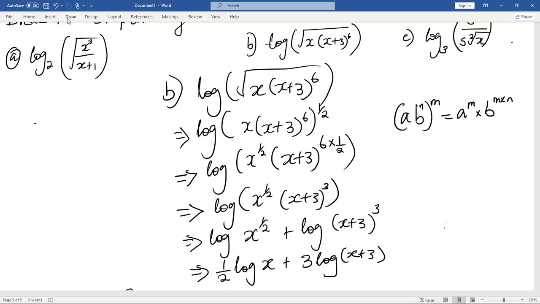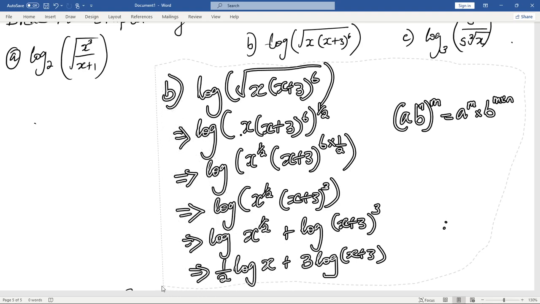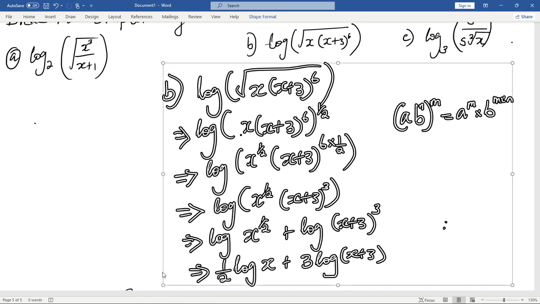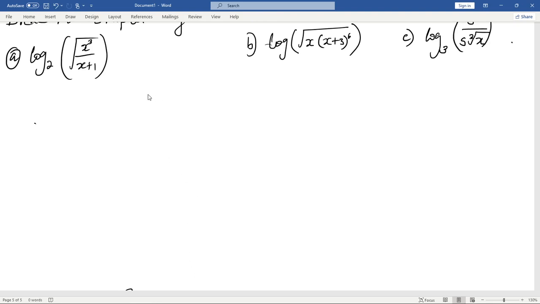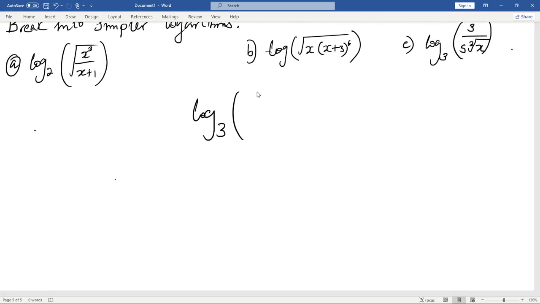Let's go to c here. For c, we have log to the base 3 of, let me just scroll up a bit to check the question the way it is, 3 divided by 5 times the cube root of x.